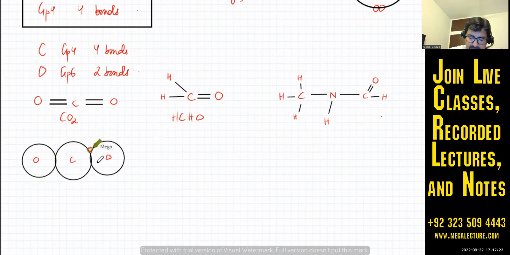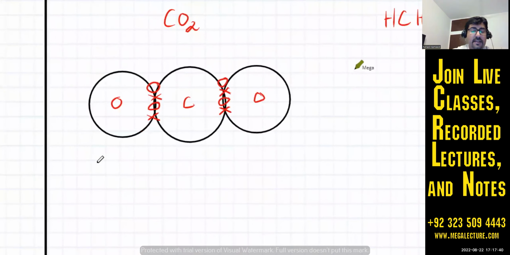So double bond means 2 electrons each being shared. And the same thing over here, 2 electrons being shared, right? So that's the dot and cross diagram. The only thing you have to remember is to make sure you draw the remaining electrons, which is that carbon had 4 electrons.